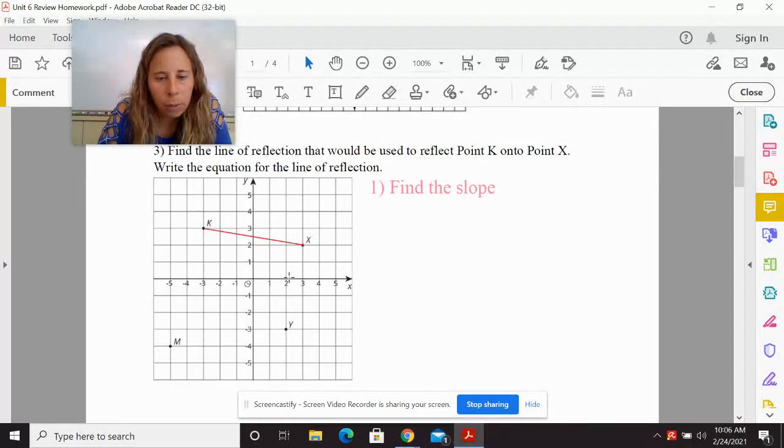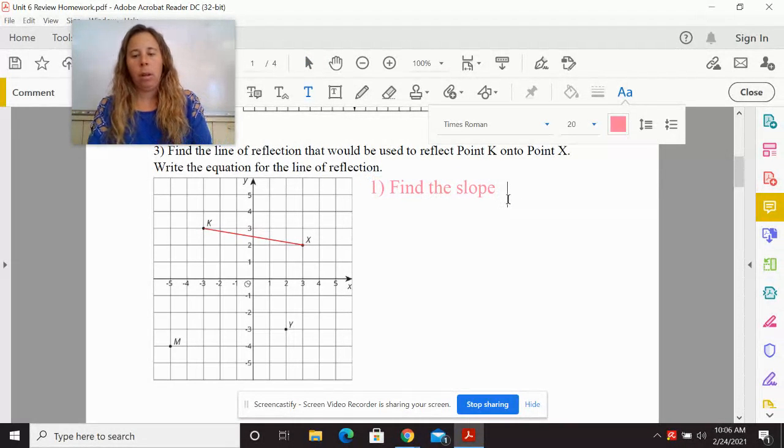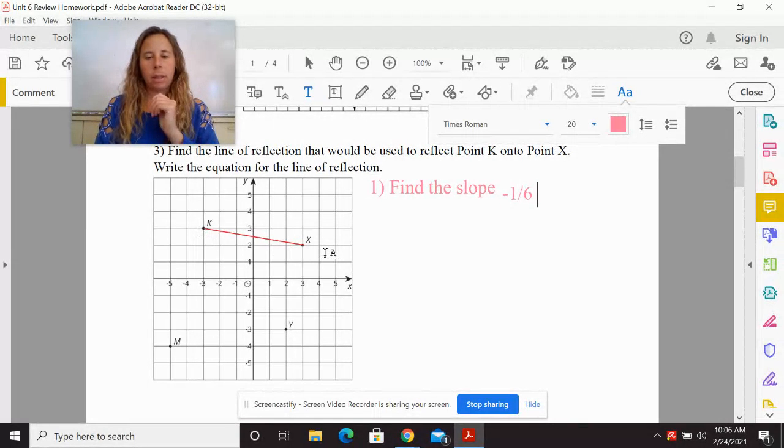We're going from negative 3 to 3, so down 1 and then over 6. It is down 1, so negative 1, and then over 6. So negative 1 over 6.